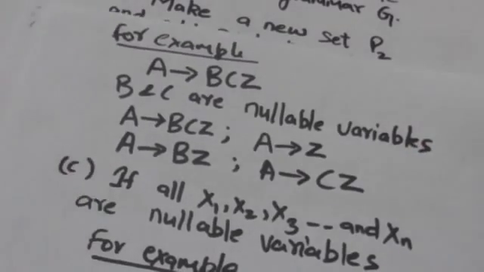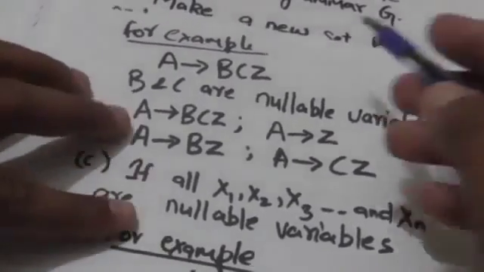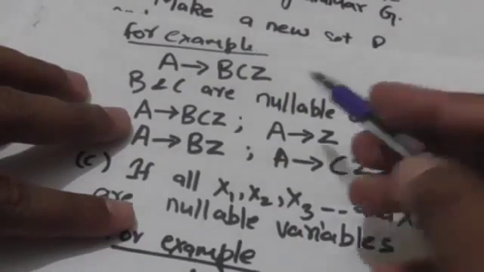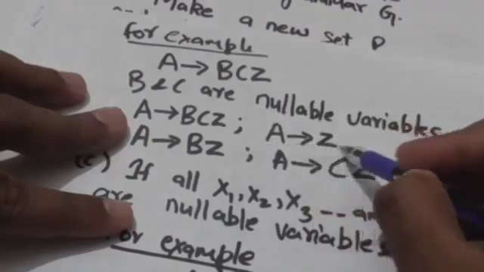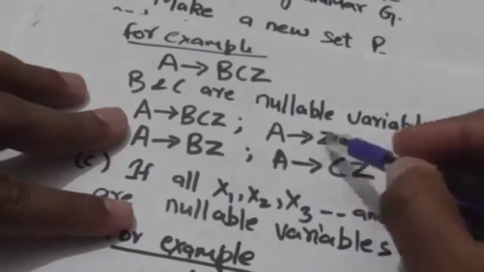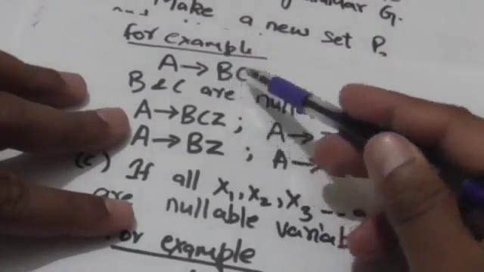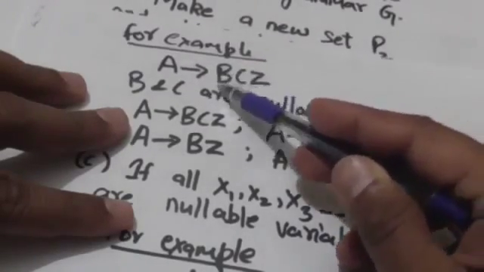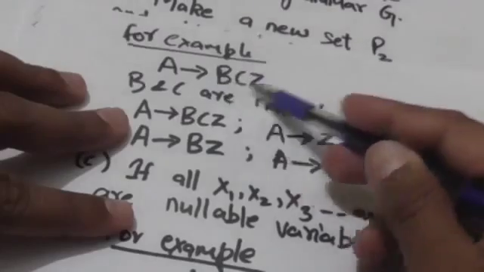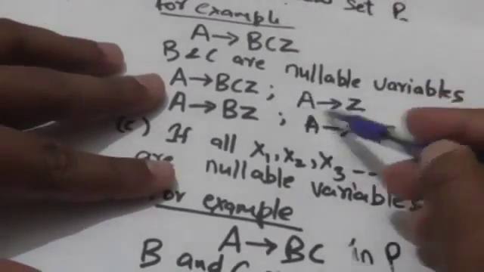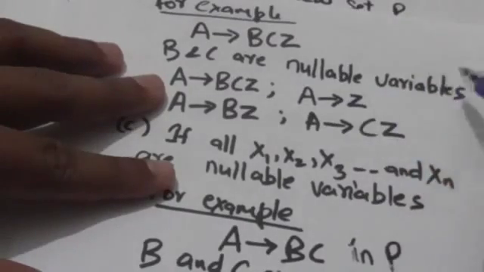Now, B and C are nullable variables. So, see this production A derives Z. We have got this production by removing both nullable variables B and C from the right hand side of the production. So this production will also be added to set P2.